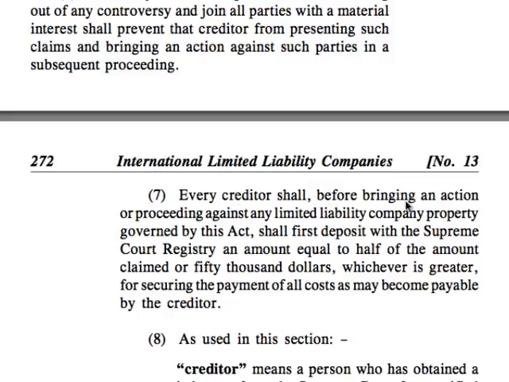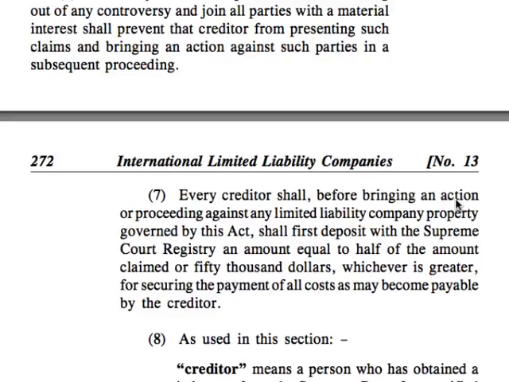Every creditor shall, before bringing an action or proceeding against any limited liability company property governed by this act, first deposit with the Supreme Court Registry. That's a real building and real people right downtown by the Swing Bridge.